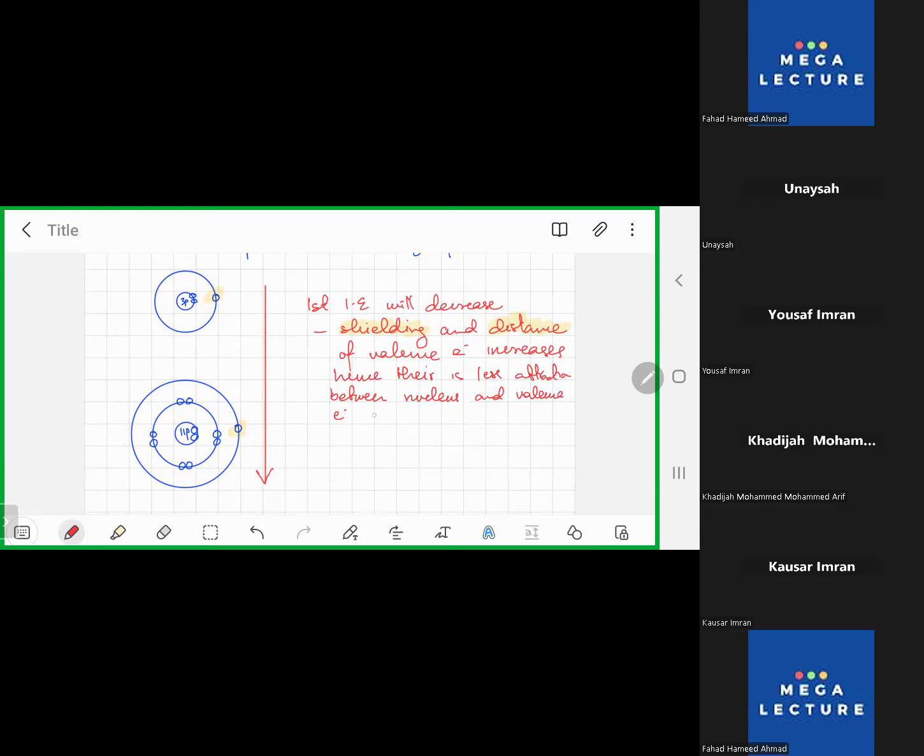Despite the fact that protons are increasing, yet nuclear charge increases. ठीक है.